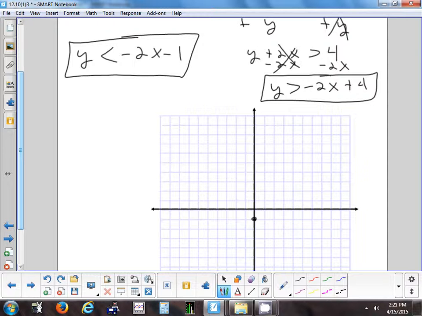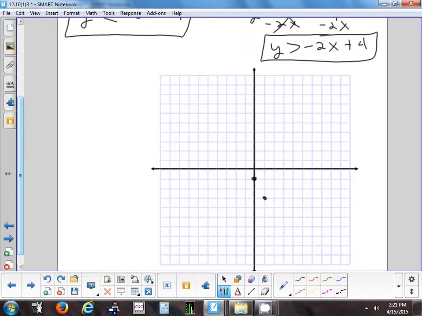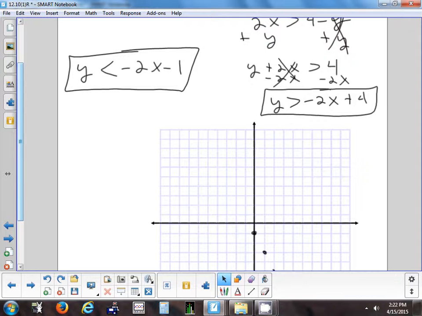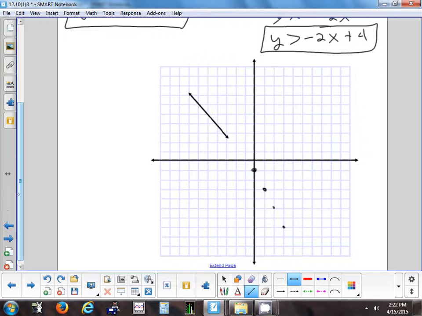Down 2, right 1. Okay. Do that a couple times. Solid line or dotted? Dotted. Okay, this time it's just a less than, so put in your dotted line.